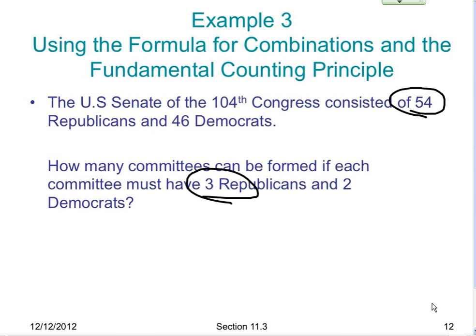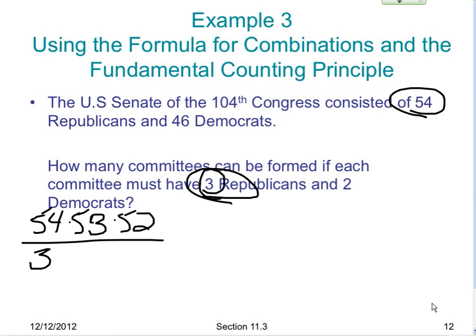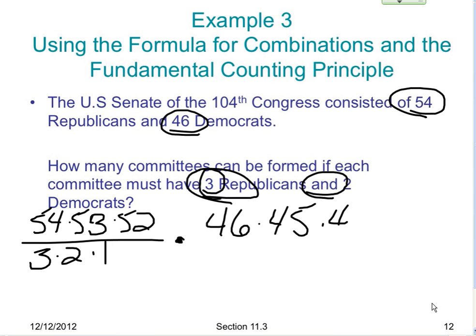So we're going to have 54, 53, 52. This is a combination, so we have to divide out. We're picking 3, so divide out by 3 factorial, or 3 times 2 times 1. And means multiply. 2 Democrats, well, we've got 46 Democrats to choose from, 46, 45, 44. We're picking 2 of them, so divide out by 2 times 1.